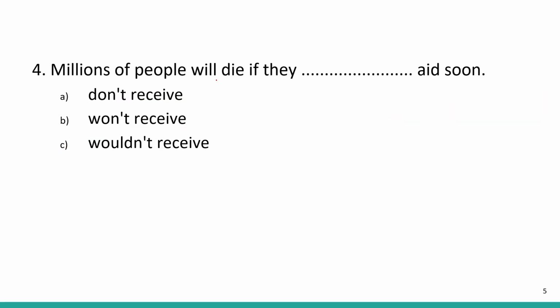Now, millions of people will die if they dash aid soon. Now we can see here that the second clause of the sentence is the subordinate clause, whereas this is the main clause. This is the conditional clause, because this depends on this condition only. In this we have a condition. If they dash aid soon, will die. So will die is type 1 condition.